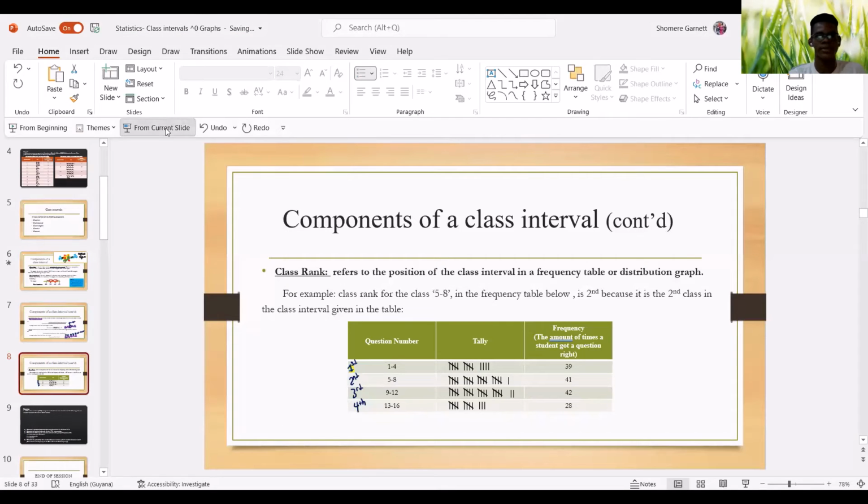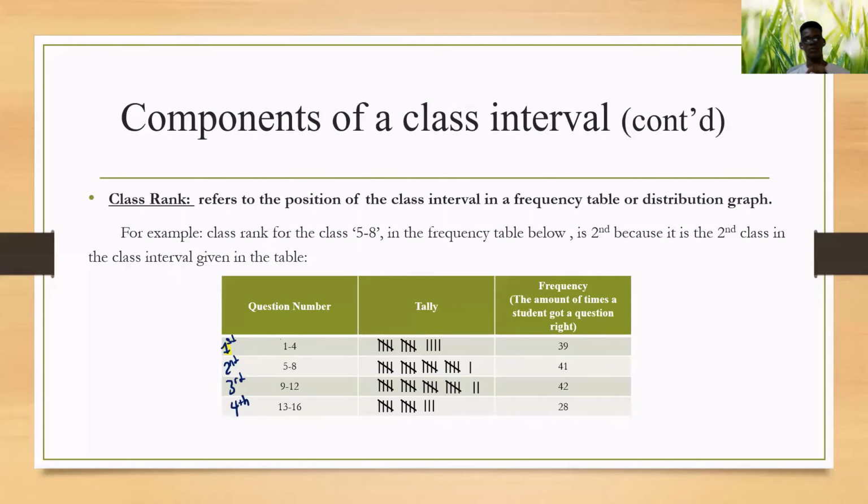What you'll notice is, if I was to calculate the class size for this class interval, 1 to 4, again, I'm going to use the cheeky way of doing it. Class size is 1, 2, 3, 4. Class size is 4.